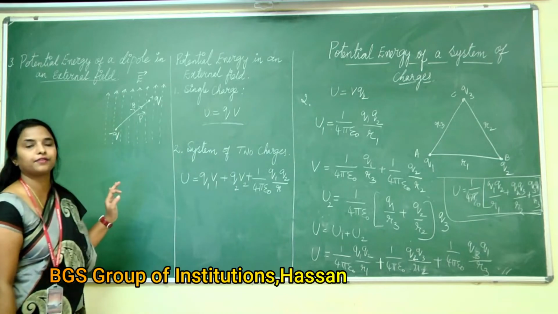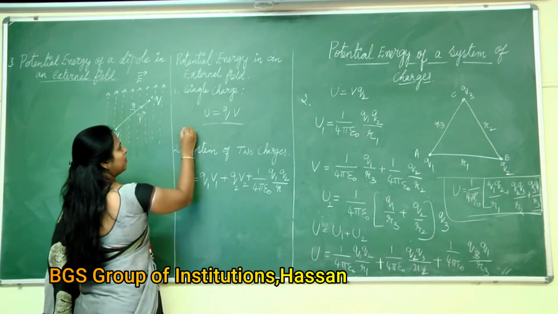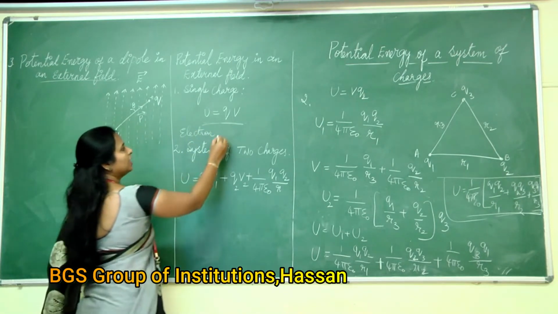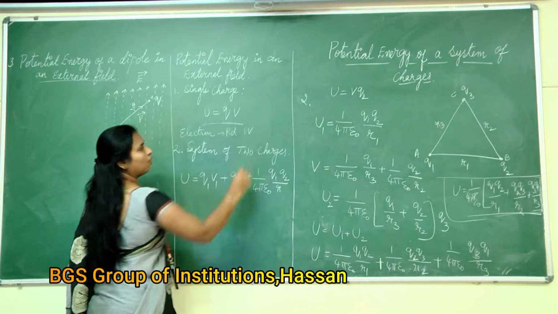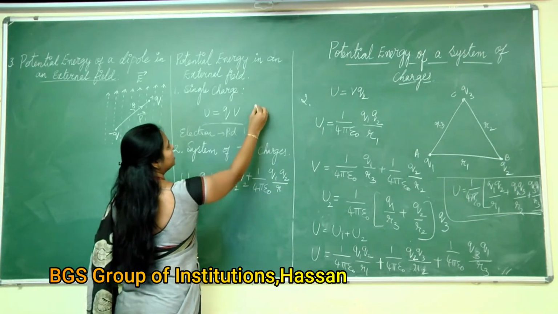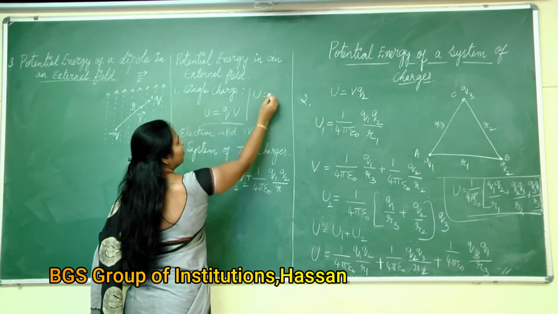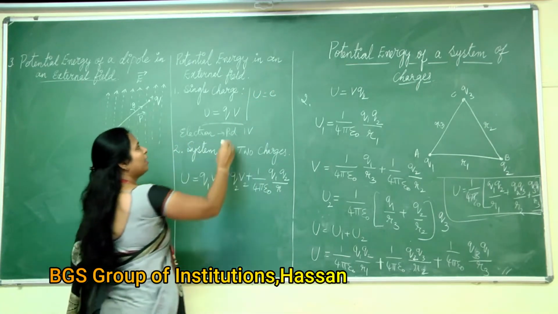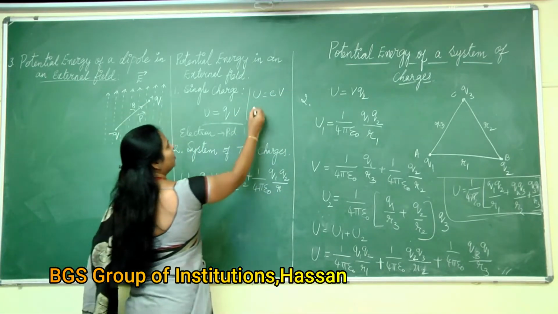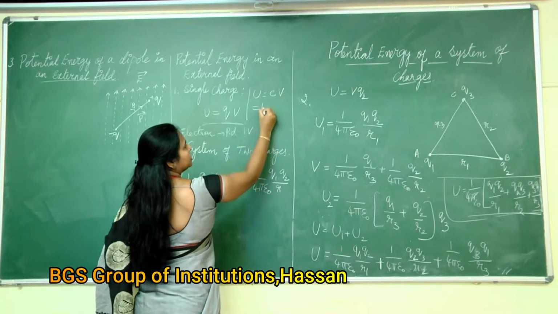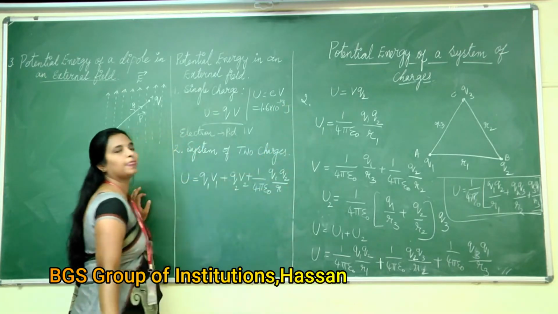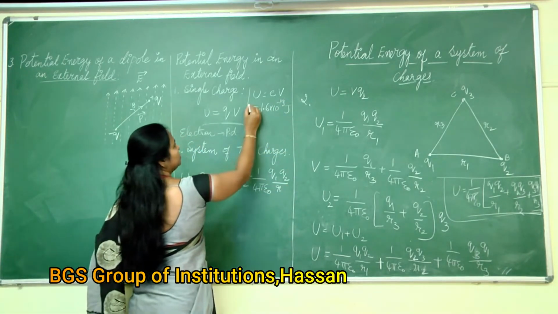In an external electric field, consider an electron: if you accelerate an electron by a potential difference of 1 volt, then in the place of Q we have E, the charge of an electron, and the potential difference is 1, and the value of the charge of an electron is 1.6 into 10 power minus 19 coulombs. 1 volt becomes joules.